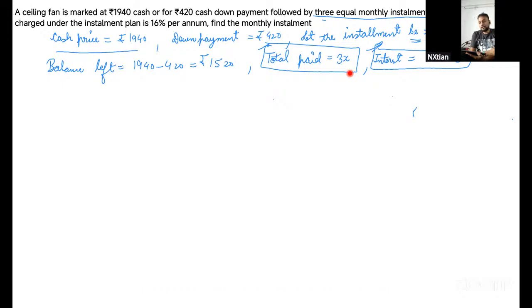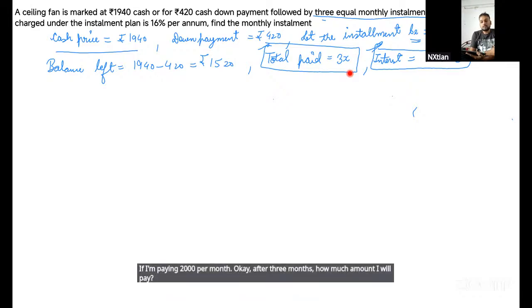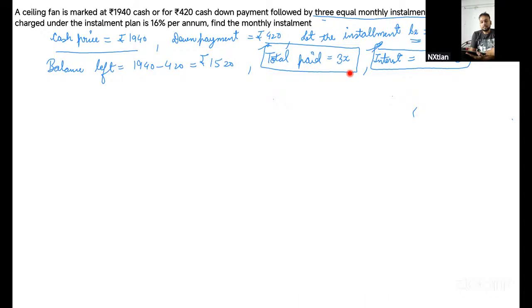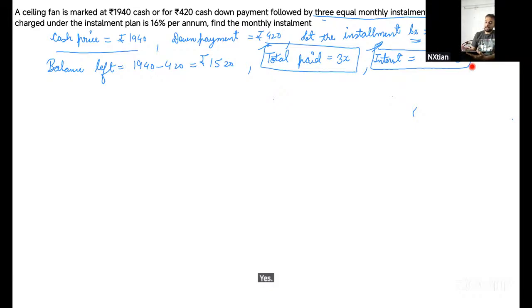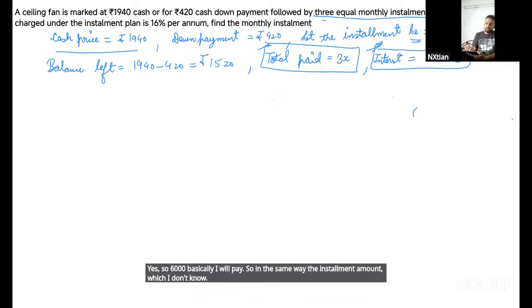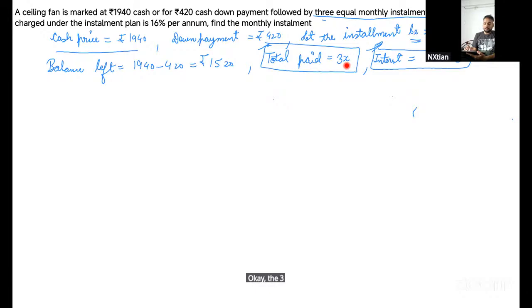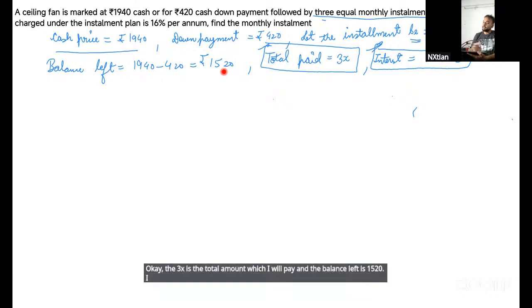Can you tell me, guys? 2,000 into 3. Yes, so 6,000 basically I will pay. In the same way, the installment amount which I don't know, 3x is the total amount which I will pay, and the balance left is 1520. I will subtract it to get the interest.